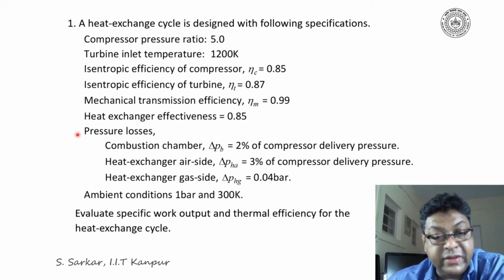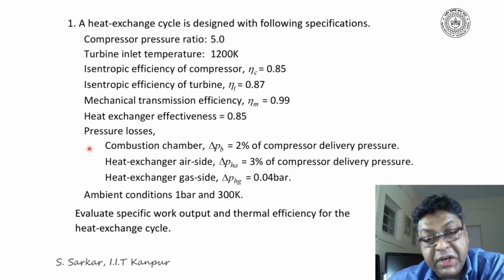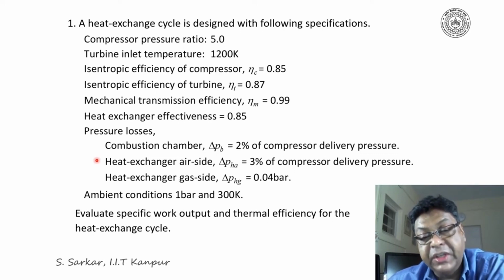The pressure losses in different components are given below. Combustion chamber, del PB, is 2% of delivery pressure. Heat exchanger air side, del PHA, is equal to 3% of compressor delivery pressure.